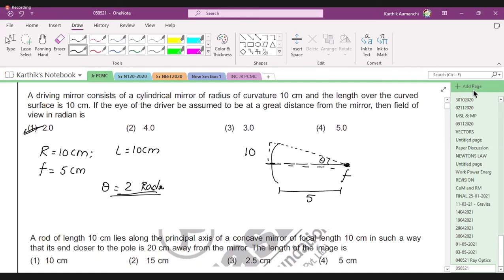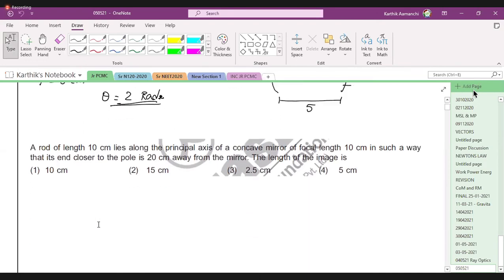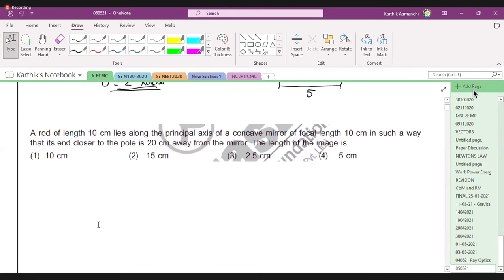They go like this, like this. That could be coming from focus. What kind of mirror is this? Next.